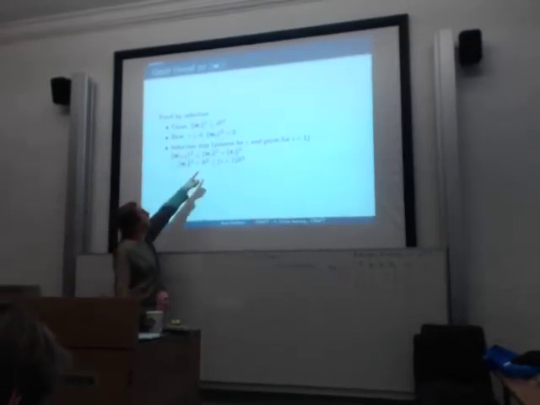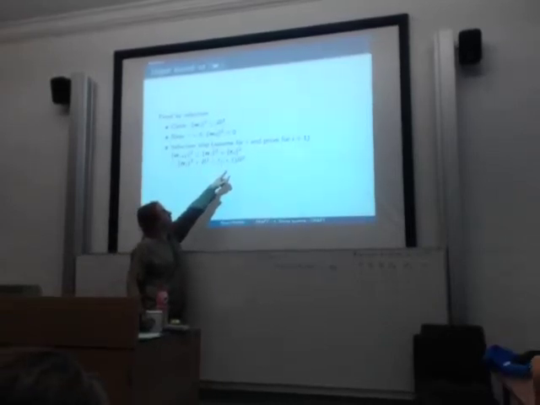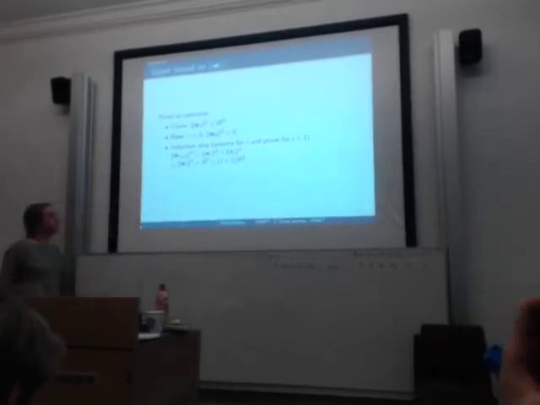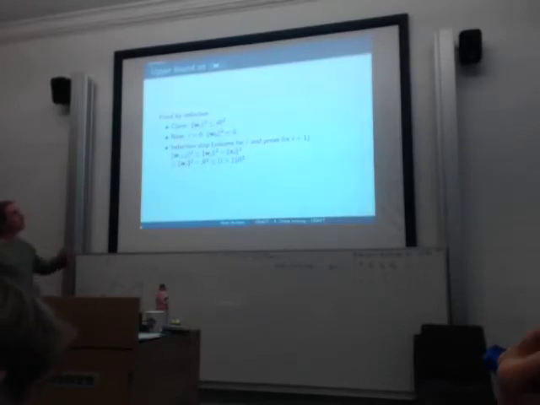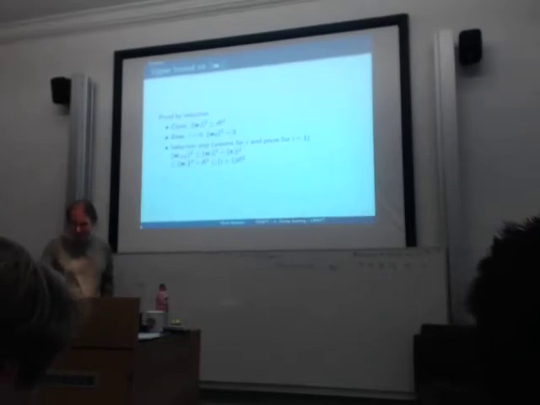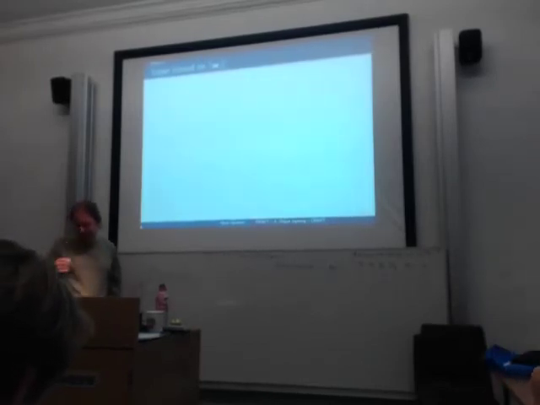Whenever we make a mistake, we're just adding on xi squared. Xi squared is no more than r squared. So we're adding on up to I terms whose upper bound is r squared. So that gives us an upper bound on wi.